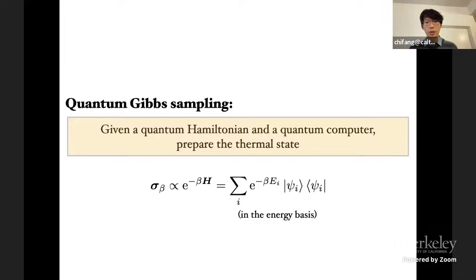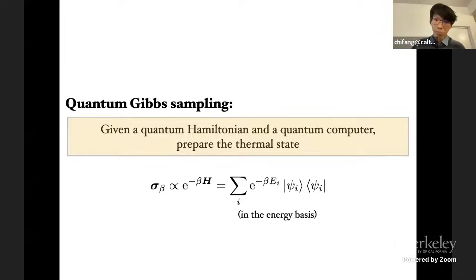It's a density matrix which is diagonal in the energy basis, and these energy states are weighted by this Boltzmann factor, exponential minus beta E, where E is the energy. If you make beta equal to 0, this is the maximally mixed state. If you make beta very large, then this is the ground state. Okay, so you want to go to a lower energy state.